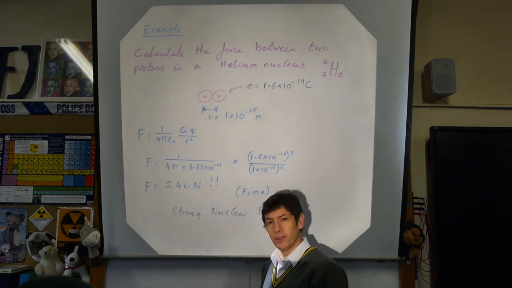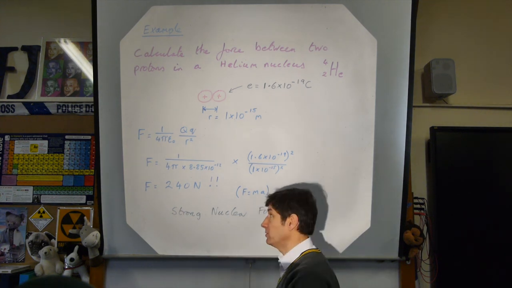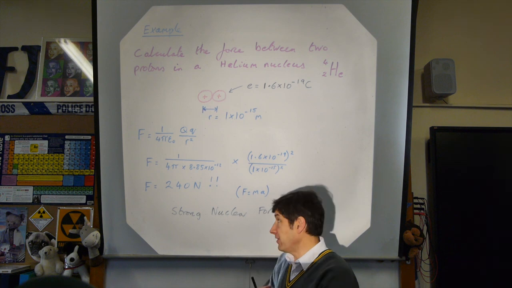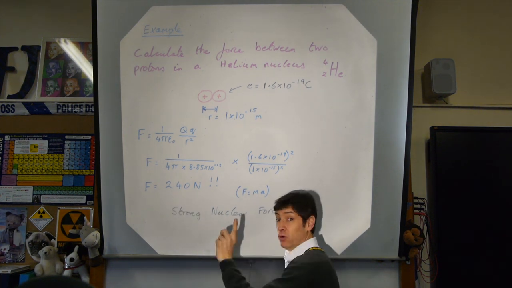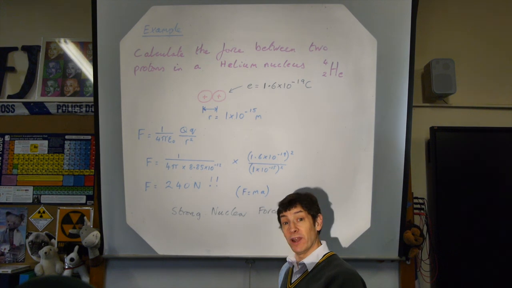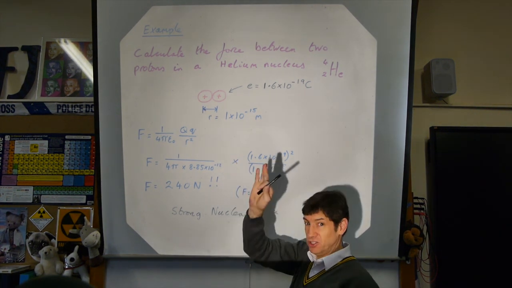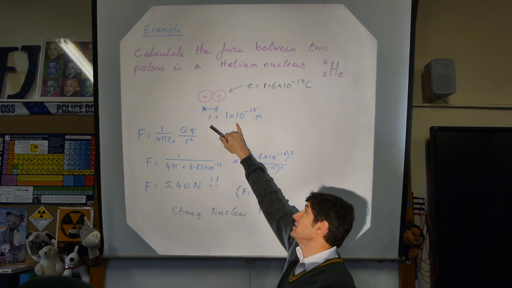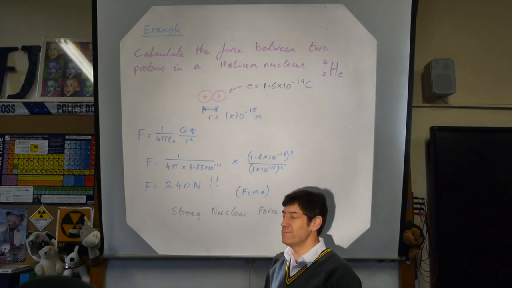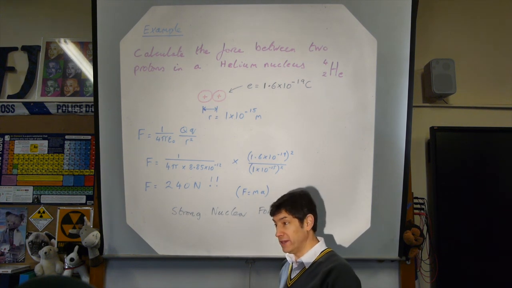Finally, if you just forget the strong nuclear force, how strong would the gravitational force have to be between these two to bring them and hold them together? Well, it would need to be an equal and opposite force. And if you use Newton's law of gravitation for the mass of two protons separated by this distance, you'll find the gravitational force is many, many orders of magnitude too weak.